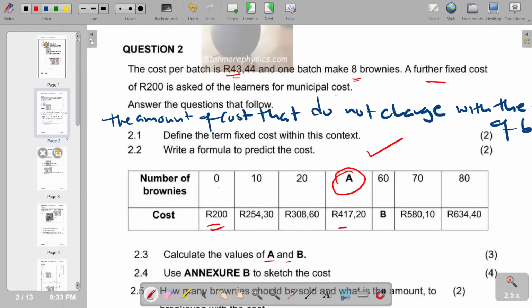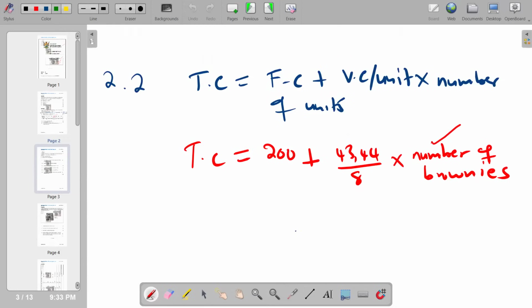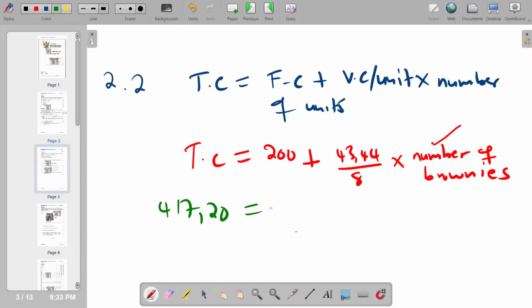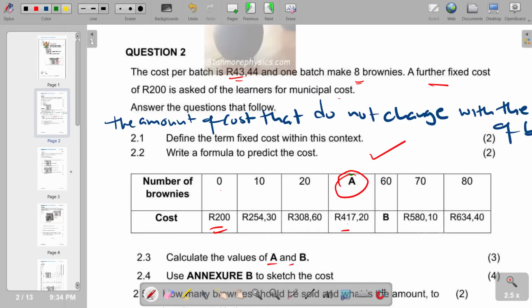So 417 Rand 20 cents is equal to 200 plus 43 Rand 44 divided by 8 times A, which is the number of units.